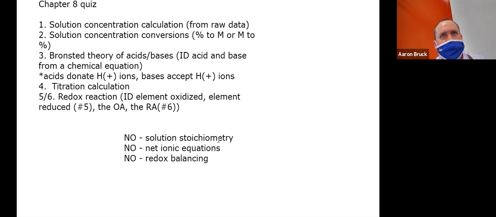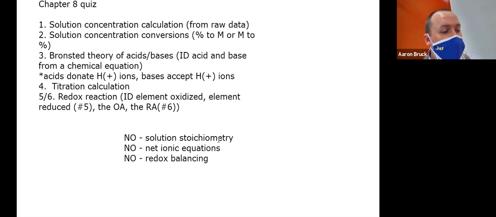I've disabled the things that would prevent you from accessing those. So if you click on the link inside of the quiz to pull up the equation sheet, it should not kick you out of the quiz and tell you to start again. It should allow you to work all the way through it.